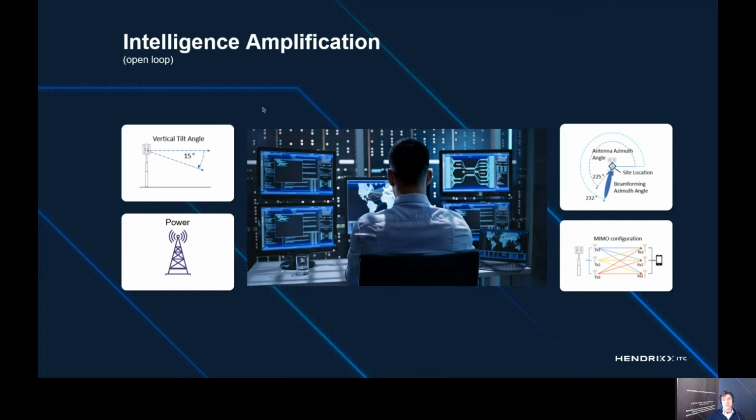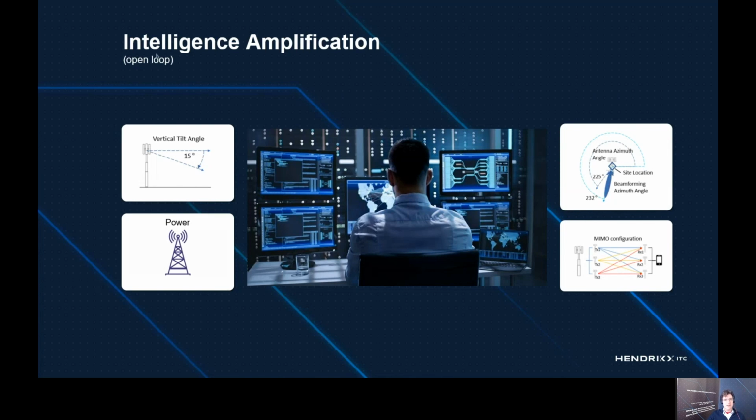He or she can remotely change the tilt of antennas, being electrical, or the power can be adjusted, or even the azimuth can be adjusted remotely. There are suppliers providing azimuth adjusting solutions remotely. You can also tweak the MIMO configuration, etc., etc.